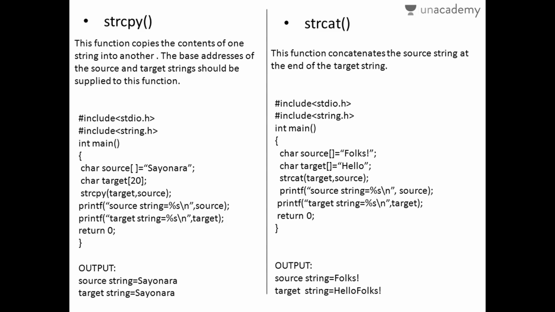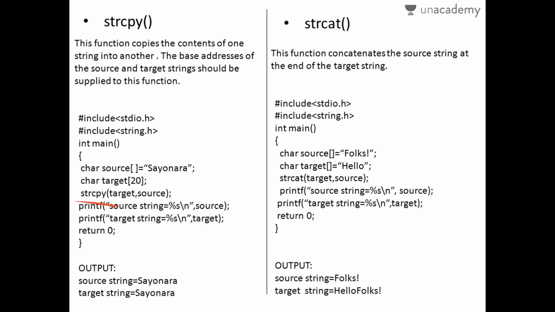For copy, the same happens, but it copies the content of one string into another string. This can only happen based on the address of the source and the target string. Here is a simple example. I gave array 1 of characters and then array 2, but I did not give any words or any kind of input to that array. I want to keep this array empty because I want to copy array 1 into it.